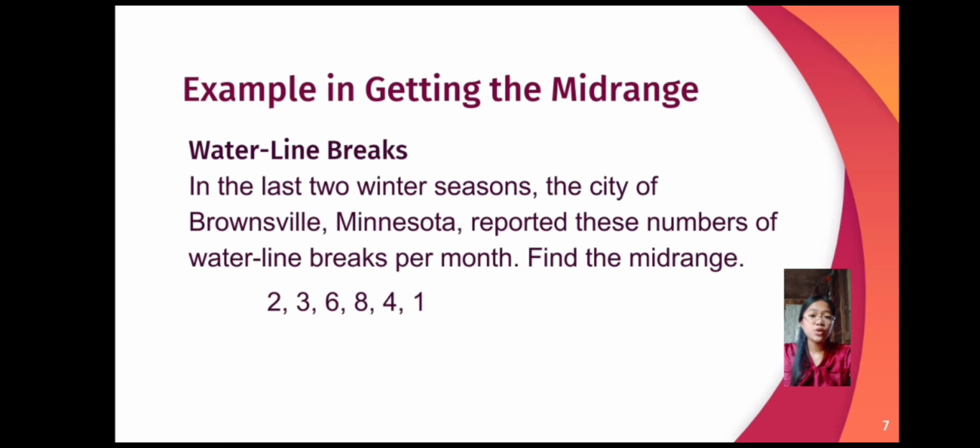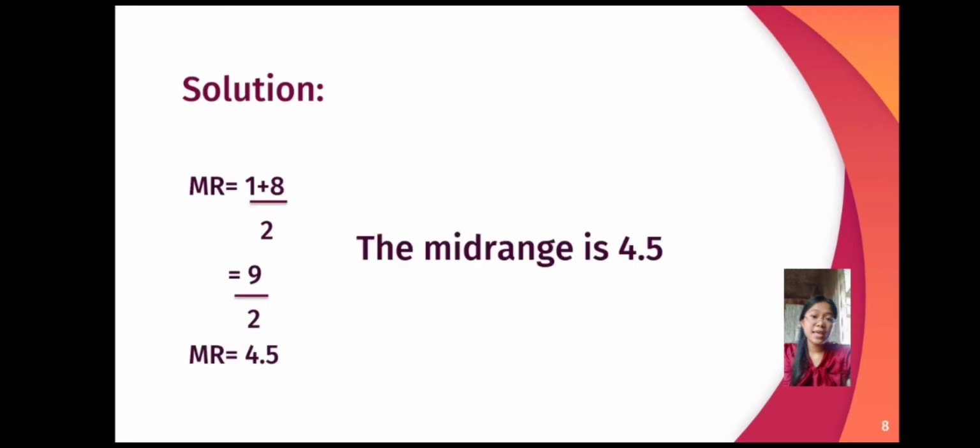Our highest value here is 8 and our lowest value is 1. So we will add them. 1 plus 8 is equal to 9. We will divide it by 2 to find the mid-range. So 9 over 2 would equal 4.5. So our mid-range here is 4.5.